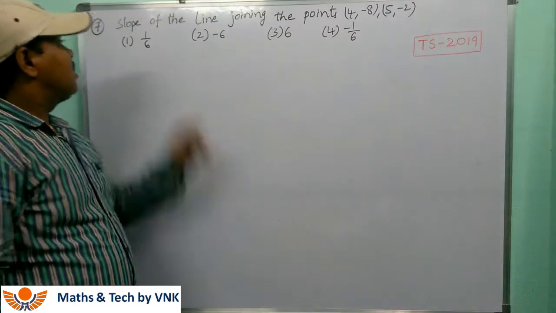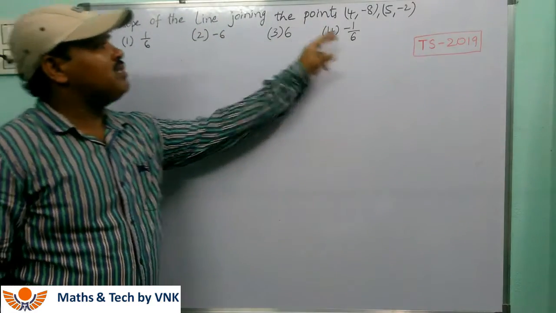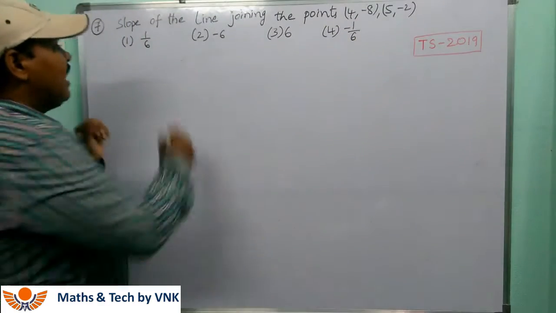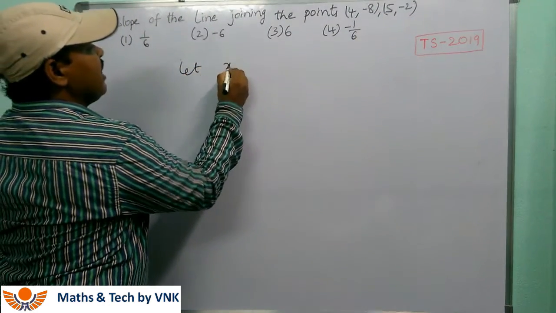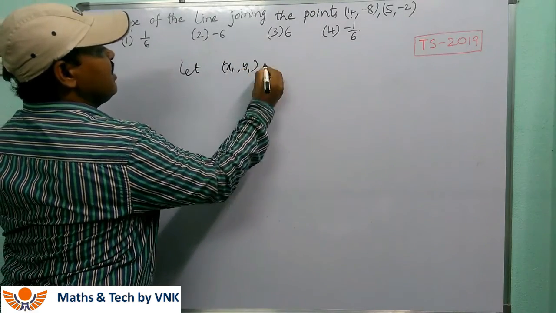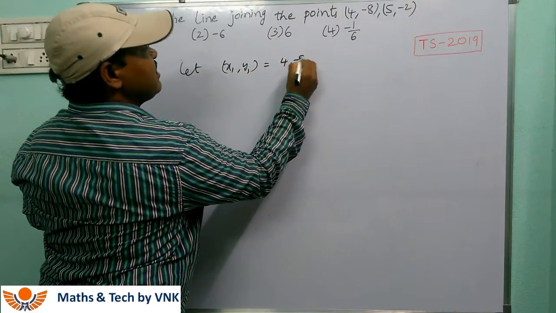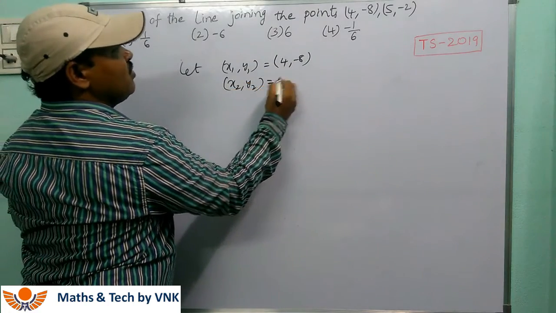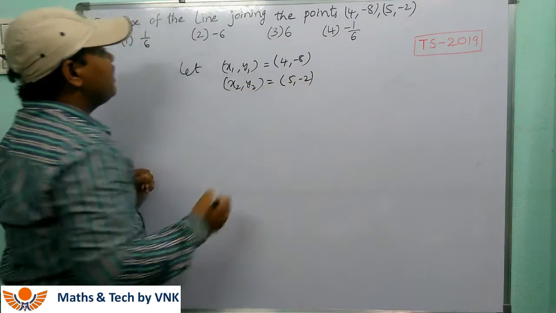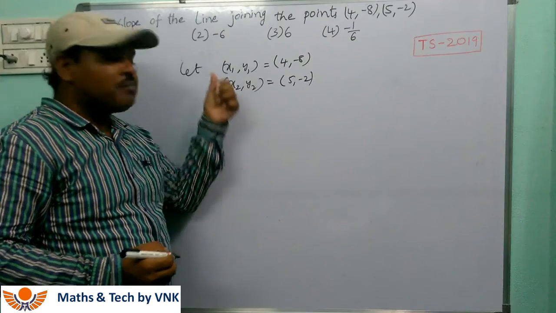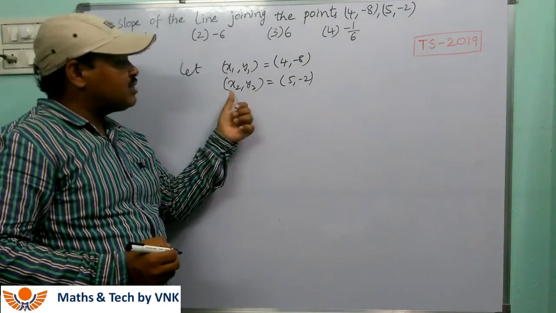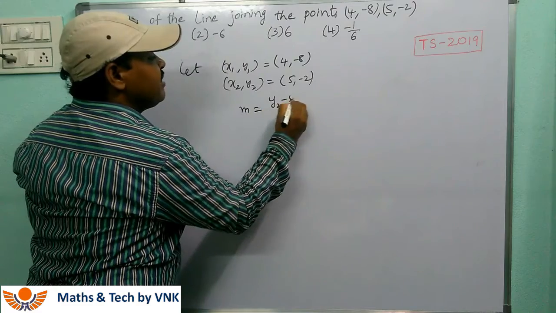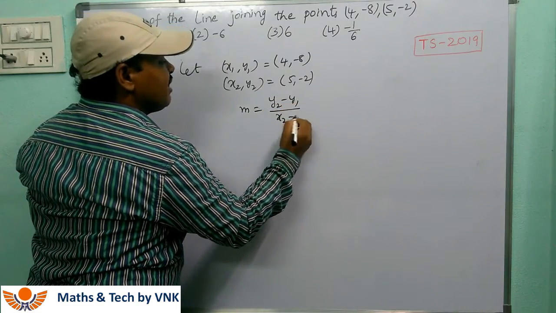Next question is, slope of the line joining the points 4, -8 and 5, -2 is. So let the given points x1, y1 is equal to 4, -8 and x2, y2 is equal to 5, -2. Then the slope of the line joining the points x1, y1 and x2, y2 is, slope m is equal to y2 minus y1 by x2 minus x1.